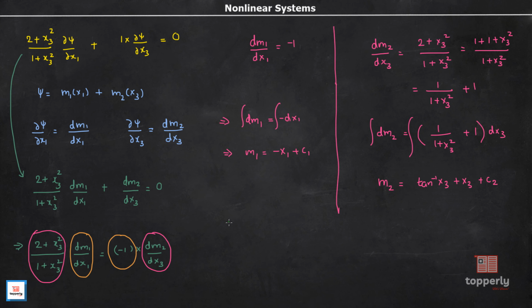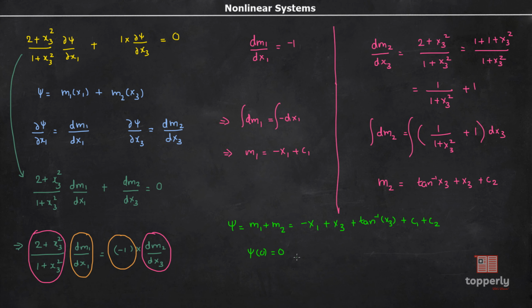So we have psi equal to m1 plus m2, which is minus x1 plus x3 plus tan inverse x3 plus c1 plus c2. Now we know that psi of 0 is equal to 0 because the origin, which is an equilibrium point in our original coordinates, should also be a 0 in the new coordinates.